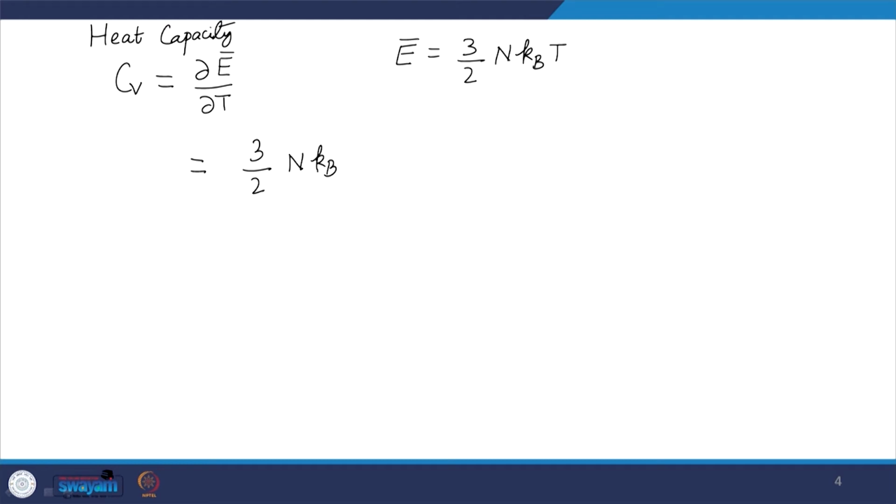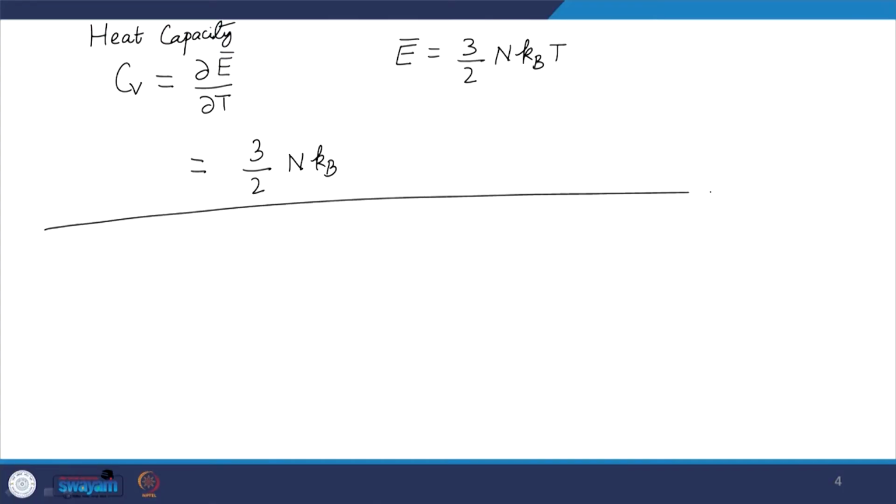We could have also got it starting from the partial derivative of the partition function, then we will have a second derivative of the ln Q with respect to beta, giving me the specific heat. That is what we did in the last lecture. So, now let us do the same thing for the van der Waals model.